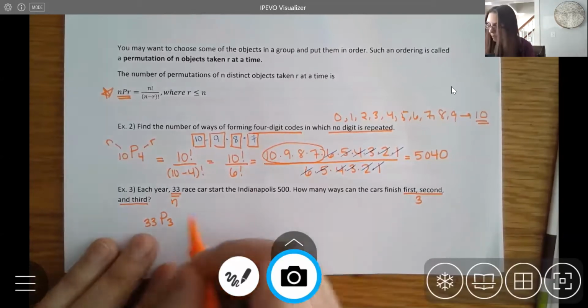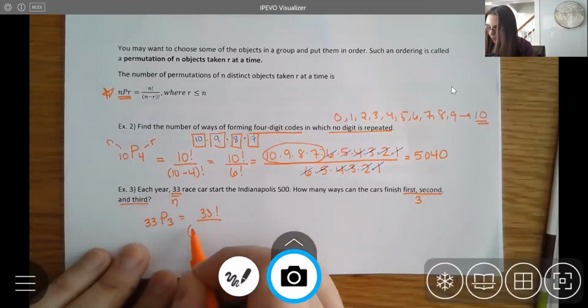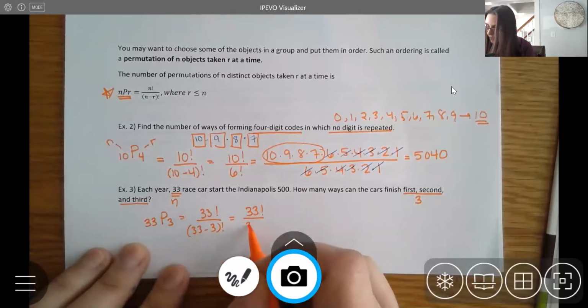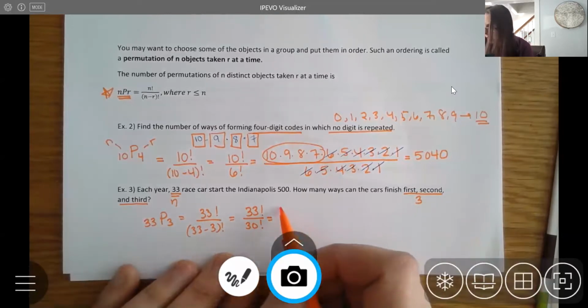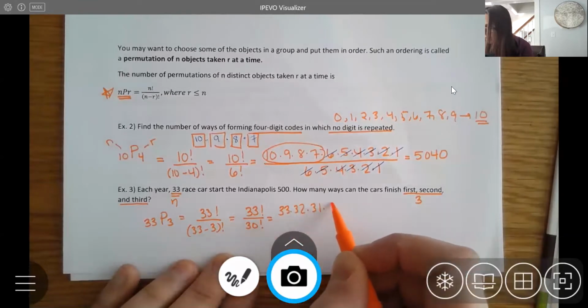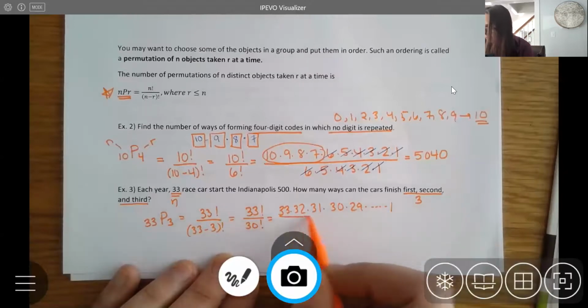So what we have here is 33 factorial over 33 minus 3 factorial. Well, 33 minus 3 is 30. So what ends up happening here is you have 33 times 32 times 31 times 30 times 29 all the way down to times 1.